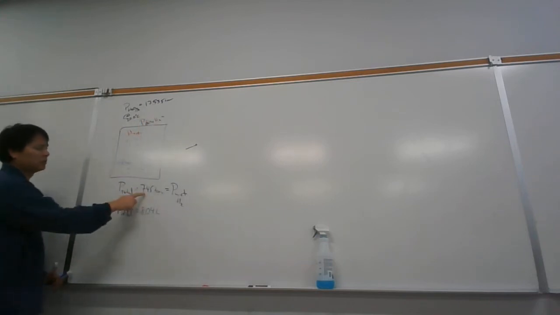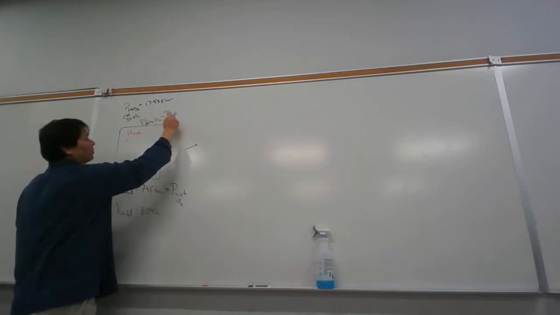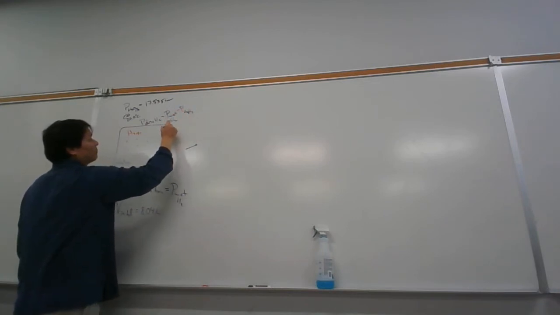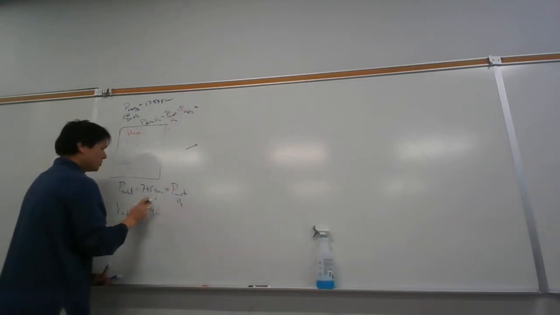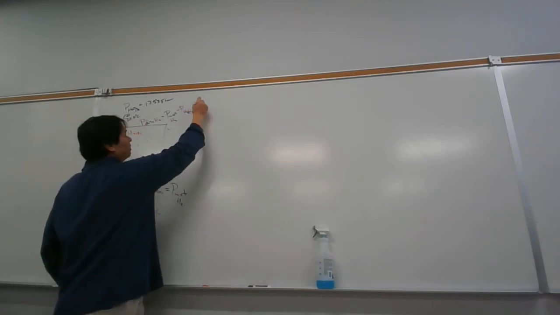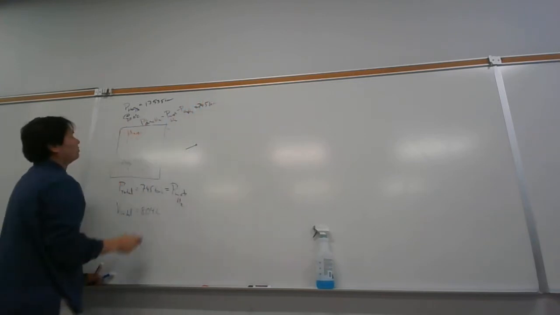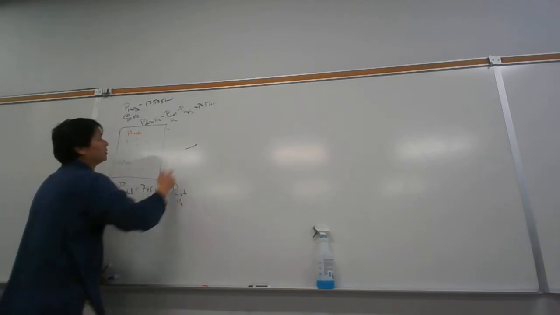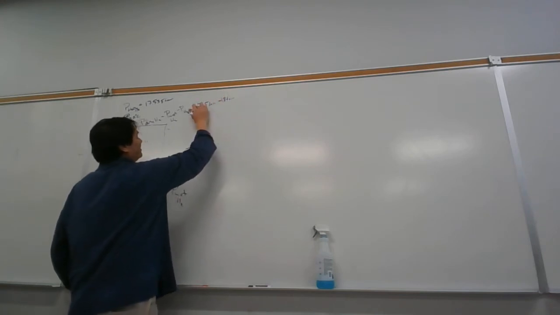Well, it's going to be the pressure of the wet hydrogen, or the total pressure, minus the pressure of the water vapor. And so that's going to equal the total pressure, 745 torr, minus the pressure of the water vapor, 17.535 torr. I'll just do minus 18 torr. I'm going to round it anyway.